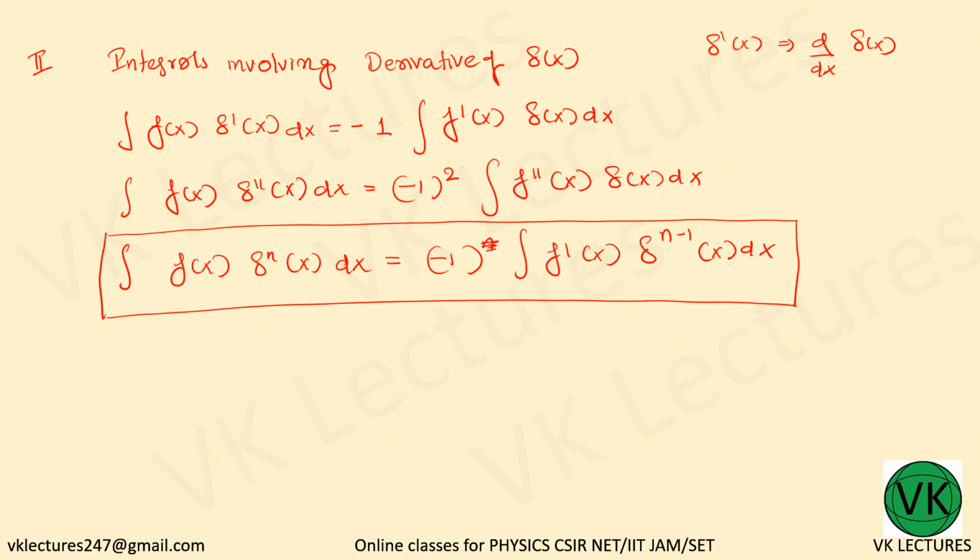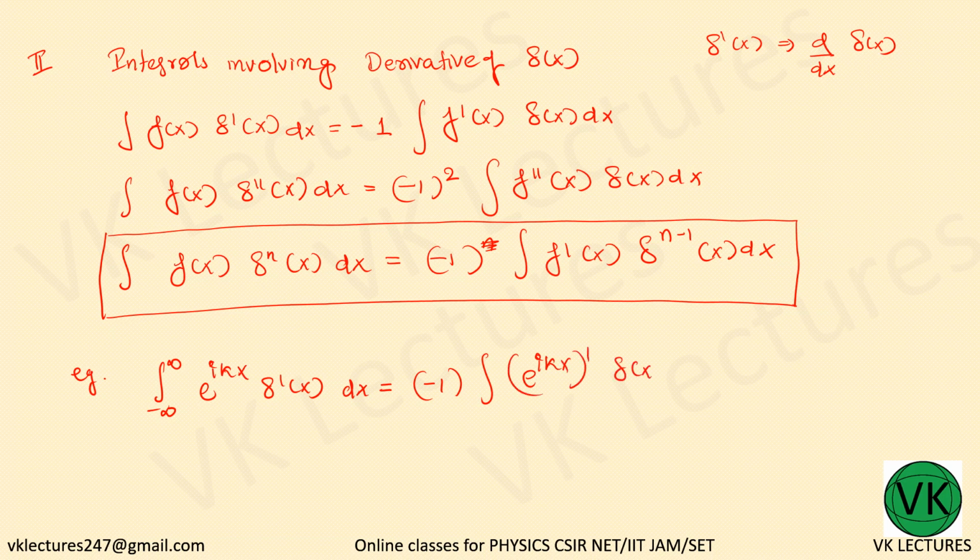Now, as an example, take the integral from minus infinity to plus infinity of e to the power ikx into delta dash of x dx. This is equal to minus 1 into the integral of the first derivative of e to the power ikx into delta of x dx.